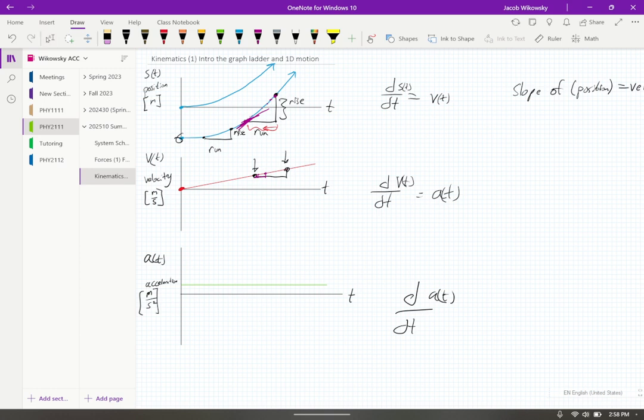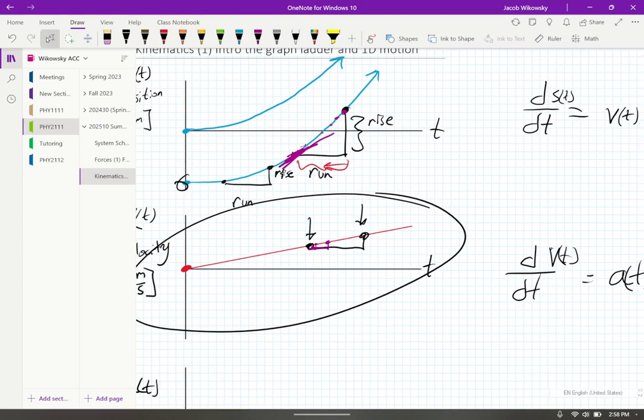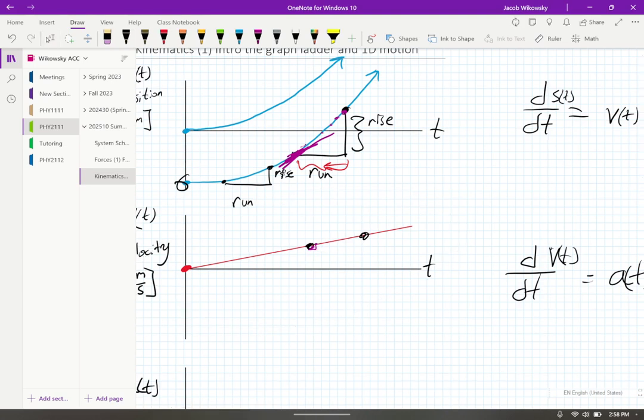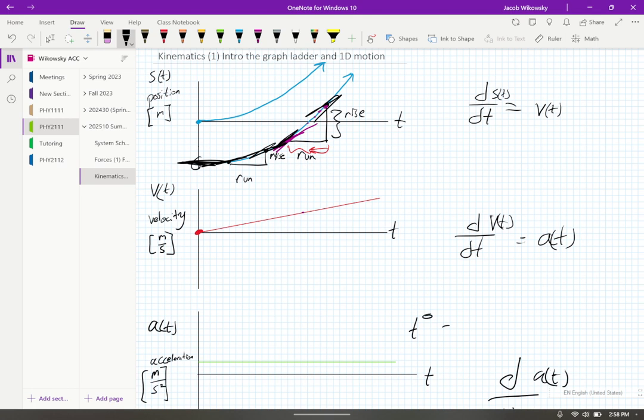And circling back to that thing that I started at the beginning, if I knew this graph, we could figure out what a sketch of the graph above had to look like, because we could say we start with a slope of 0, and then as time goes on, that slope gets steeper and steeper. We go from this t to the 0th power, which is a constant, up to a t to the 1st power, which is a line, something that looks like y equals mx plus b.